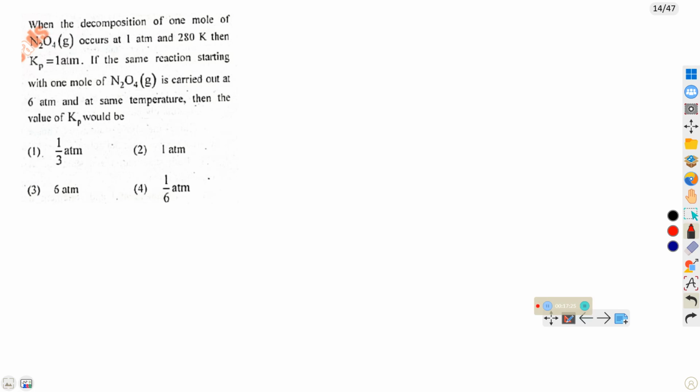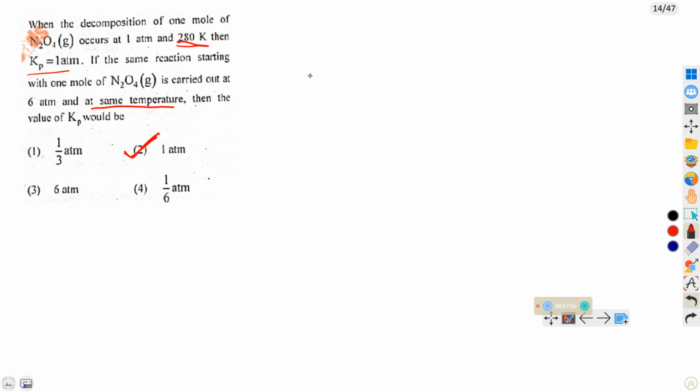Decomposition of 1 mole of N2O4 occurs at 1 atmosphere and 280 kelvin. Then Kp is equal to 1 atmosphere. If the same reaction starting with 1 mole of N2O4 is carried out at 6 atmosphere and at the same temperature, then the value of Kp is equal to 1 atmosphere. Why?